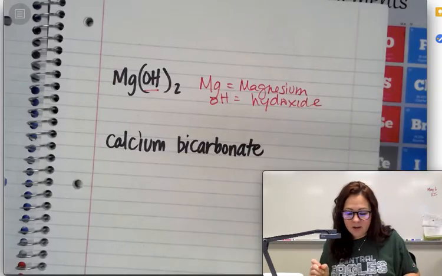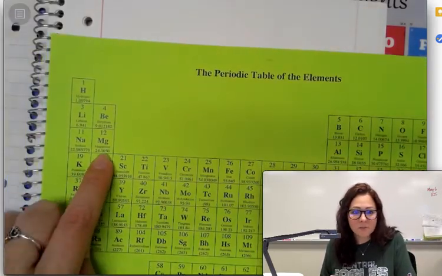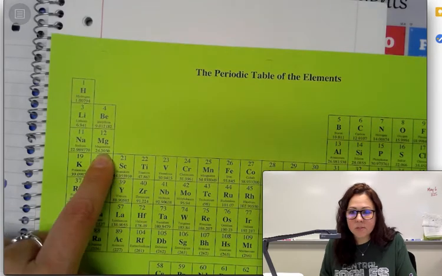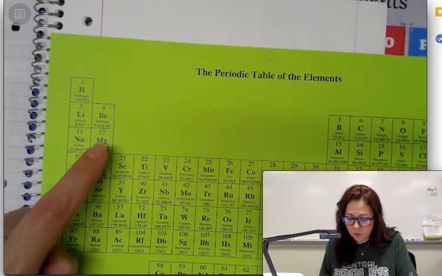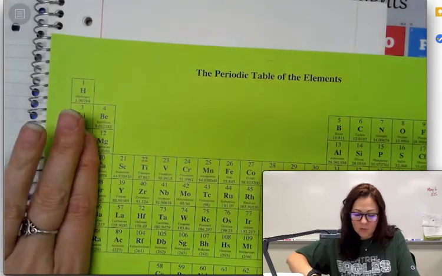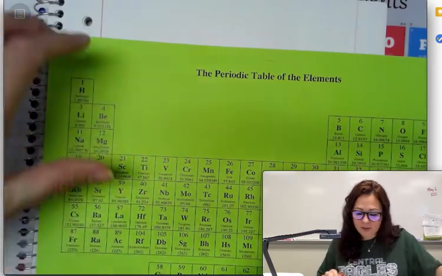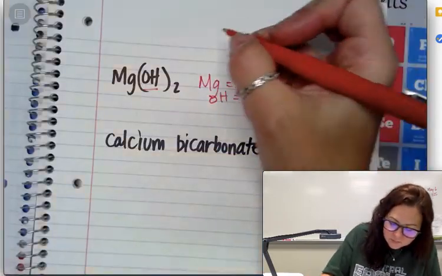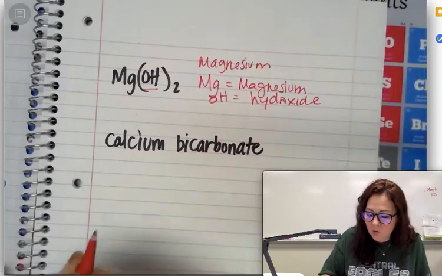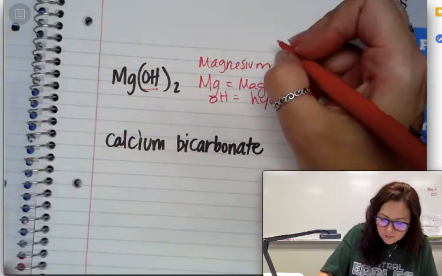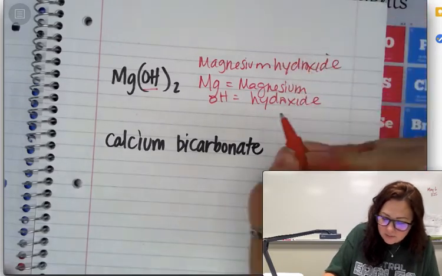So when I look at my periodic table, Mg is here. It has a +2 charge always, so it doesn't get Roman numerals. So I have a metal, no Roman numerals. The Roman numerals, remember, only in this section, and tin and lead. So we have Mg, magnesium, nothing special that you need to do there. And then OH is hydroxide. So this is just called magnesium hydroxide.